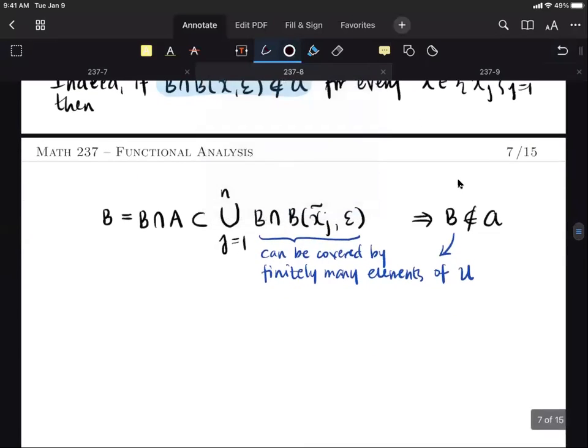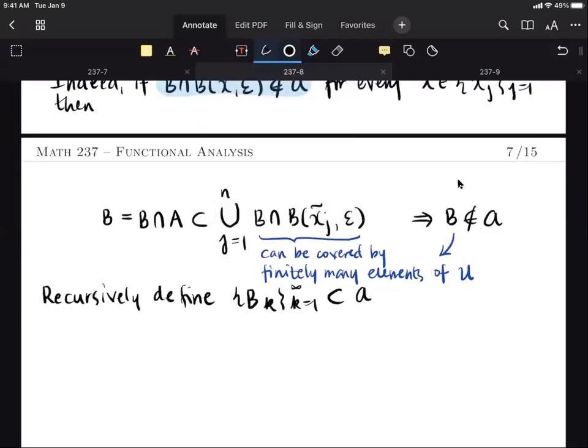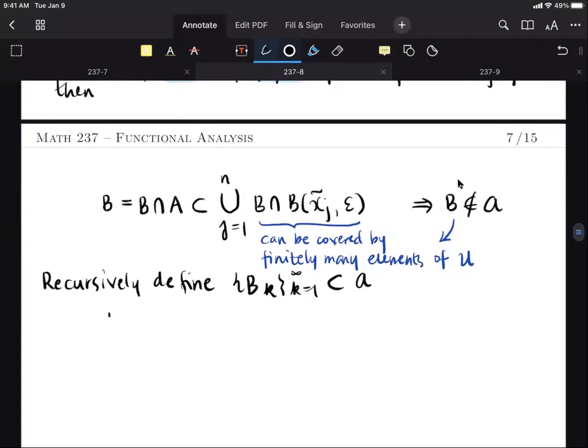So based on this, we recursively define the sequence B sub k, k from 1 to infinity. This is a sequence in script A as follows.